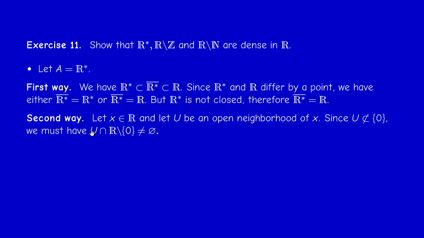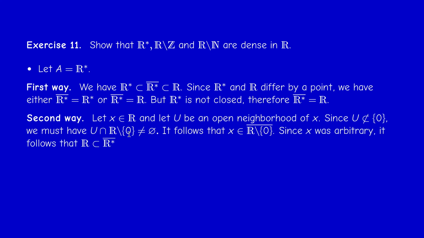So this neighborhood U of X meets A, or R without 0. Therefore, by proposition 1.6, X belongs to the closure of R without 0. But since X was arbitrary, we have proved that the whole line R is contained in the closure of R without 0. And of course, we also observed that R star is contained in R, so we have a double inclusion, and therefore we have equality.